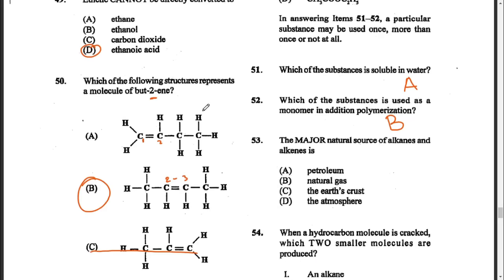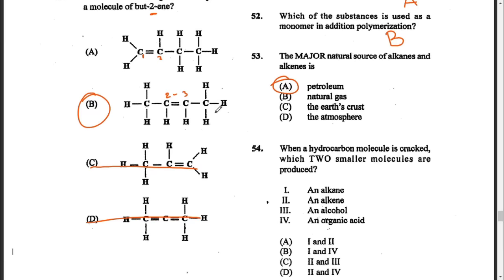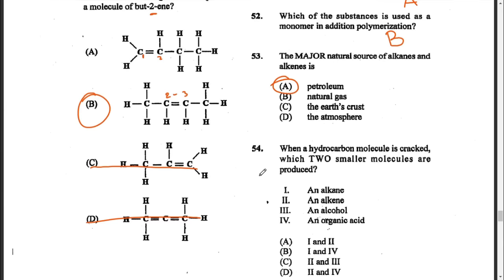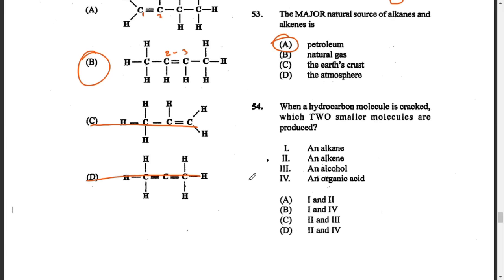53. The major natural source of alkanes and alkenes is petroleum. 54. When a hydrocarbon molecule is cracked, which two smaller molecules are produced? An alkene and an alkane.